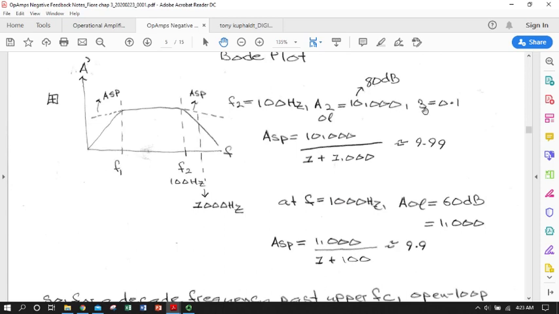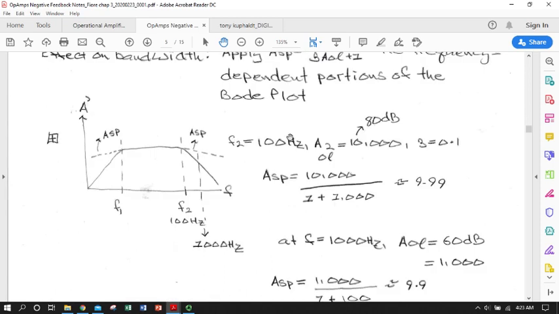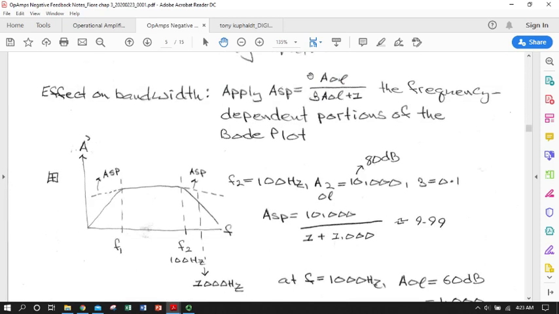But if you were using negative feedback with a beta of 0.1, what would the gain be up here right at the edge of the midband? Well, we can plug into our formula that we just derived, and we'll assume, of course, that we have a series parallel configuration of negative feedback, so we can use this formula.